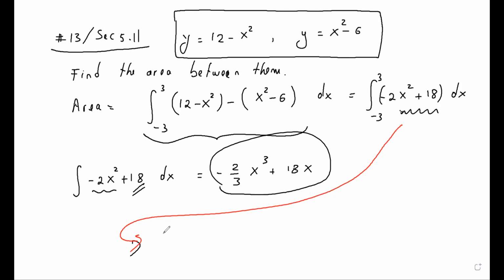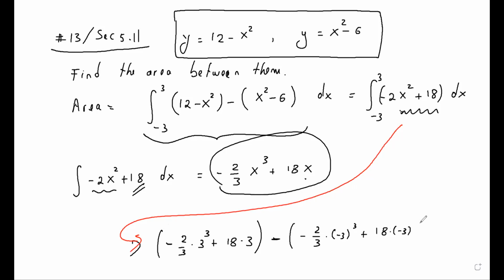So we're going to say, you know what? It's negative 2/3, and again I'm substituting 3 times 3 cubed plus 18 times 3, just that for this part, minus, and then we're going to do minus negative 2/3 times negative 3 cubed plus 18 times negative 3.